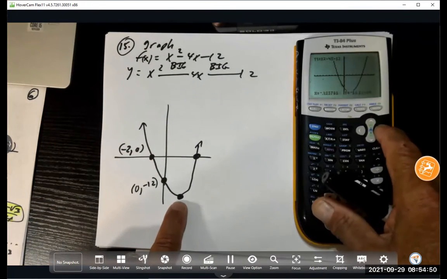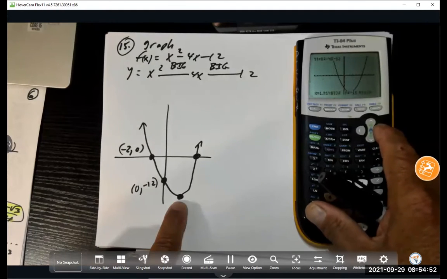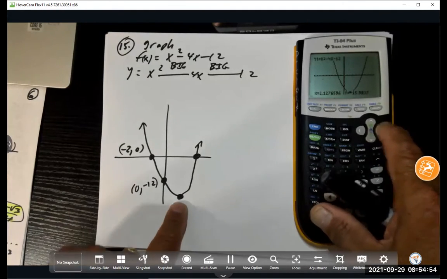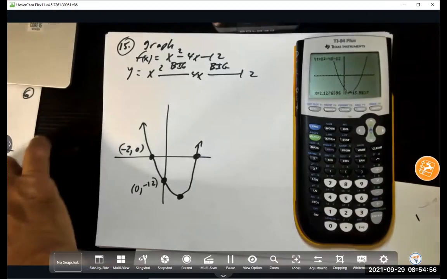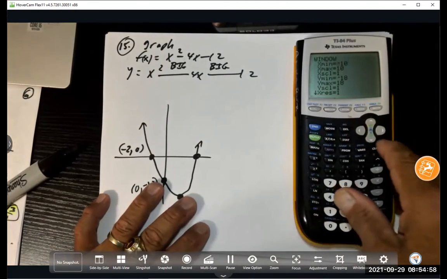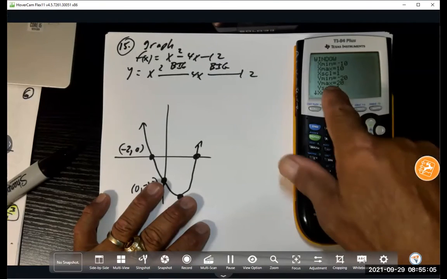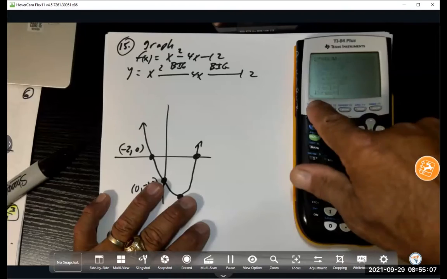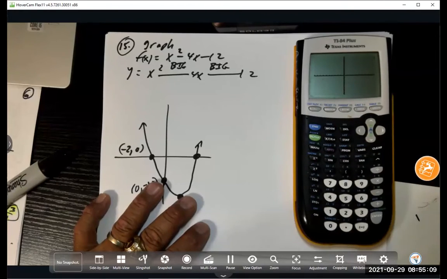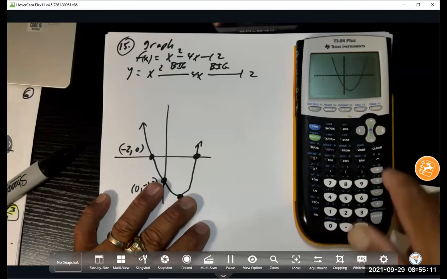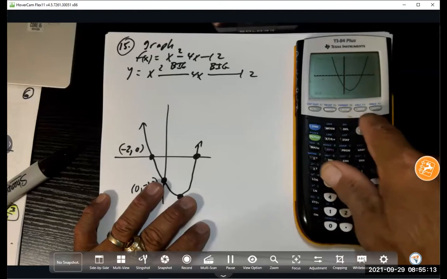It's kind of hard to see, it's way in the bottom. You know what? Let me change my numbers. Go back to window. Just change it to negative 20 and 20. See, that's better. Just hit graph. Hit Y, hit graph again. It still looks the same, but when I trace it, it might be easier to see.